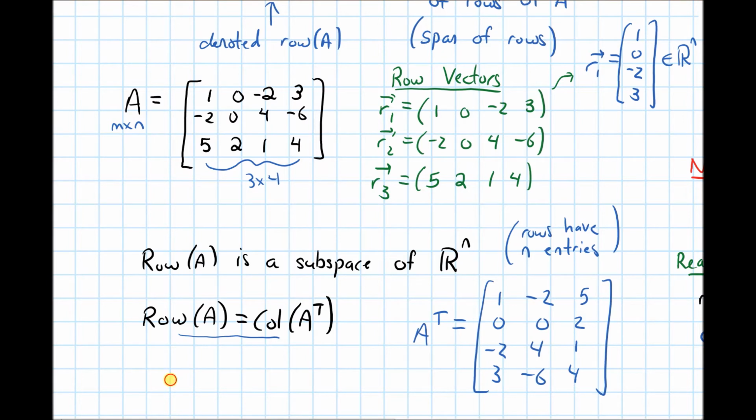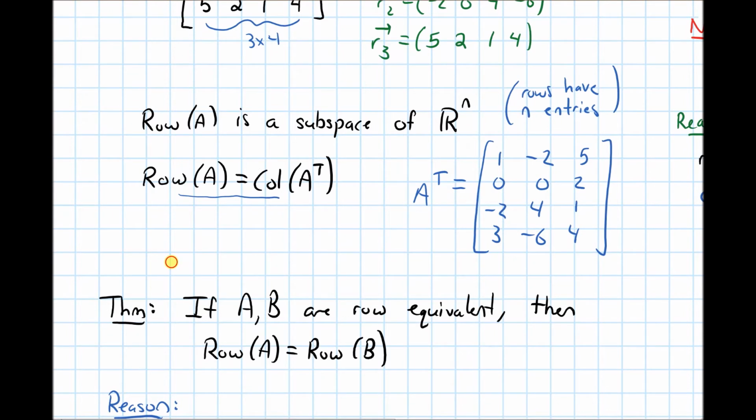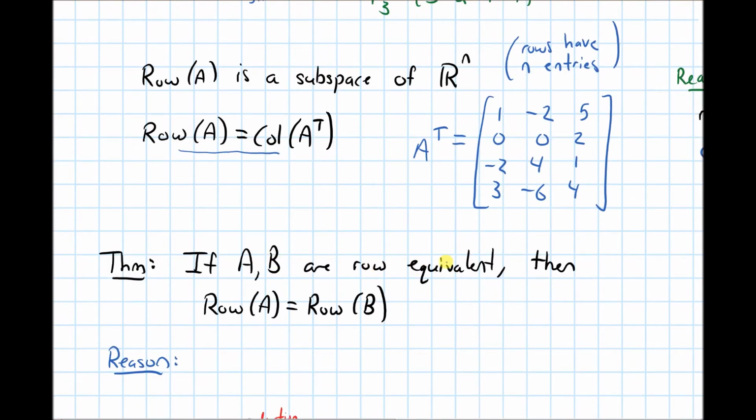Okay, so next I want to state a theorem about the row space: if you have two matrices that are row equivalent, then the row space of the matrices is the same. So why is this true? It has to do with what row operations do to the row space. When we do row operations, what we're doing is taking linear combinations of the rows.